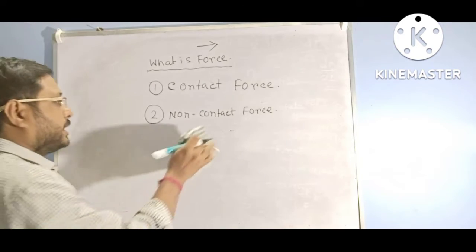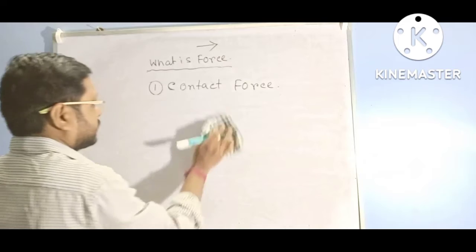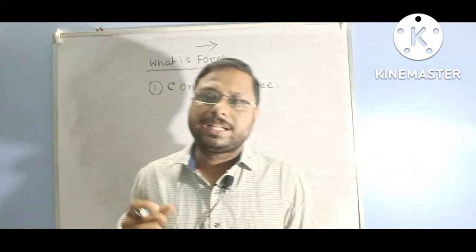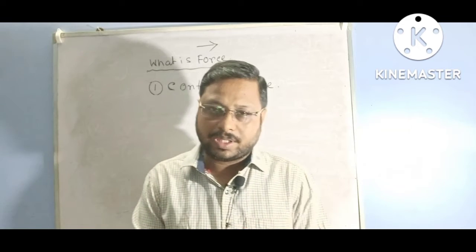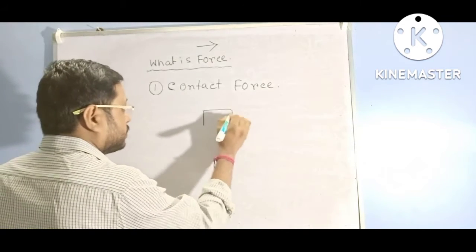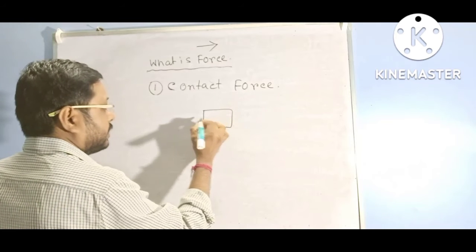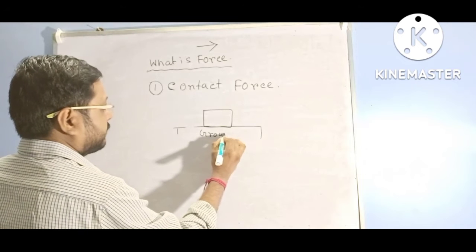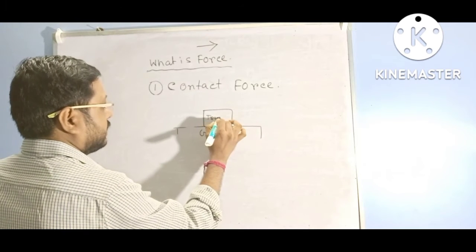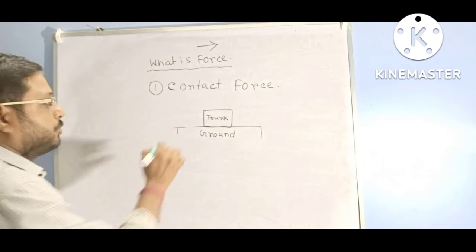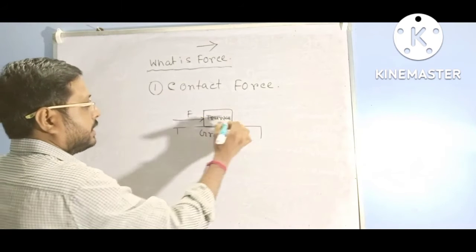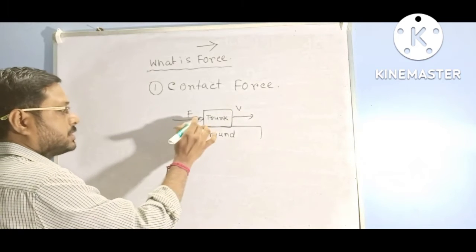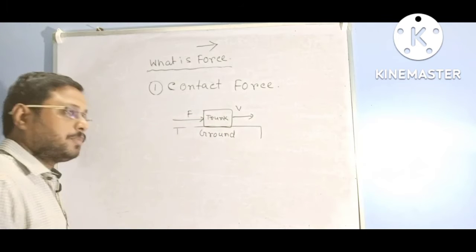At first we talk about contact force. Contact force means the force is physically applied to the body. Suppose we push a trunk horizontally. If a trunk is placed on the ground and then we apply a horizontal force F on it, it goes with velocity v. So this type of force is physically applied to the body. This is an example of contact force.